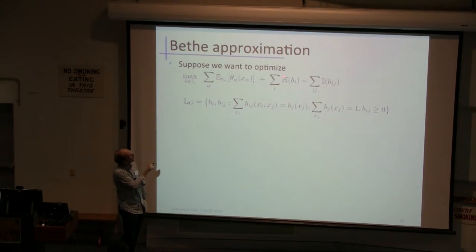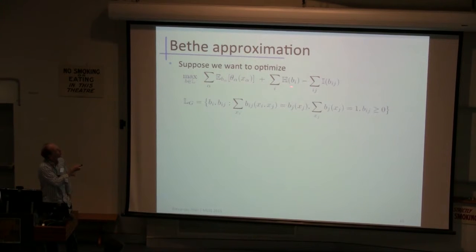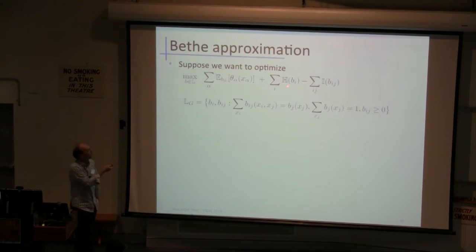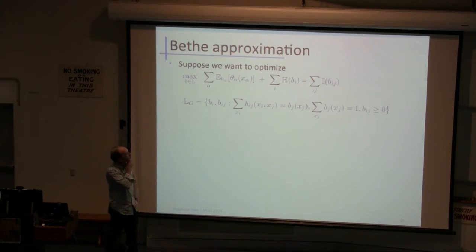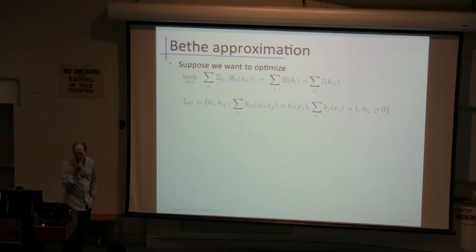So instead of an entropy of a joint distribution, the entropy now decomposes. It's approximated by decomposing it into smaller terms, each of which depends only on the beliefs of these local cliques. And then this local polytope is just this collection of marginal probabilities that are locally consistent with one another. So every probability needs to sum to 1 and be non-negative, and probabilities over pairs of variables should marginalize down to their individual probability.